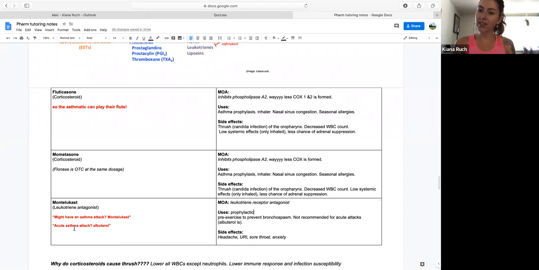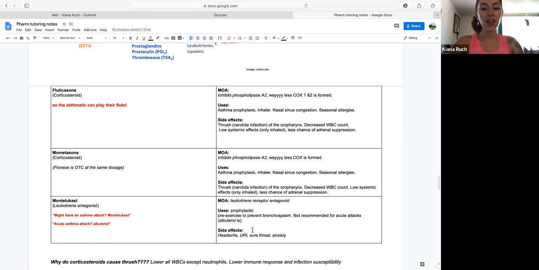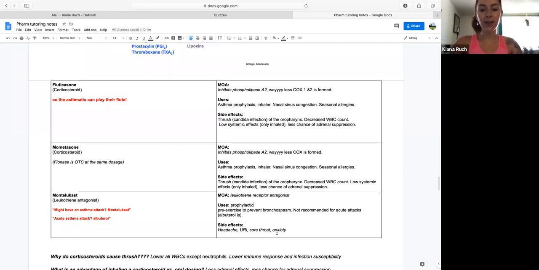So Montelukast before the hike, and then albuterol during the hike as you're having an asthma attack. It's a good way to remember the two. Montelukast is a leukotriene receptor antagonist. It's prophylactic, and it has some side effects such as headache, upper respiratory infection, sore throat, and anxiety. So this is also an inhaler.